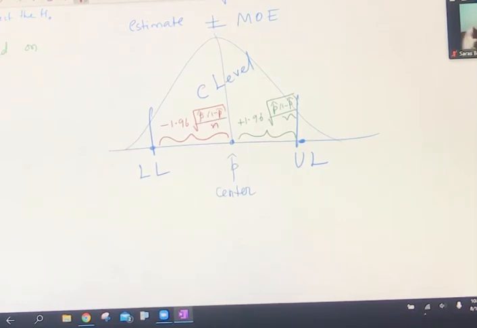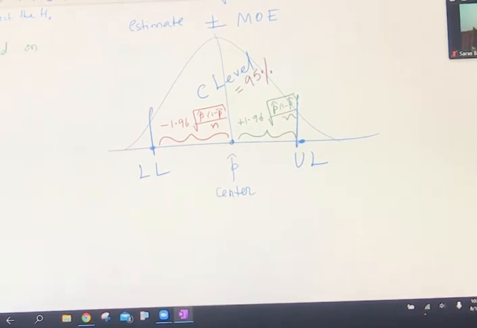So that's going to be my two boundaries. The cutoff point I call the lower limit is going to be 1.96 standard deviations below the center, and the cutoff point I call the upper limit is going to be 1.96 standard deviations above the center, as long as my C level is equal to 95%.